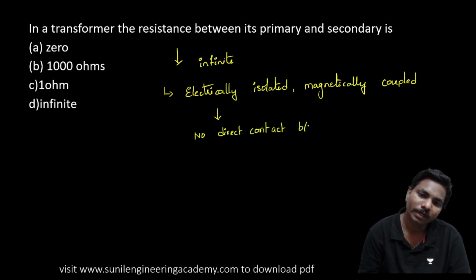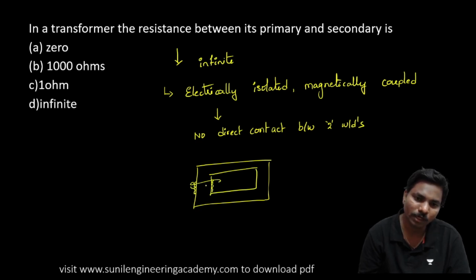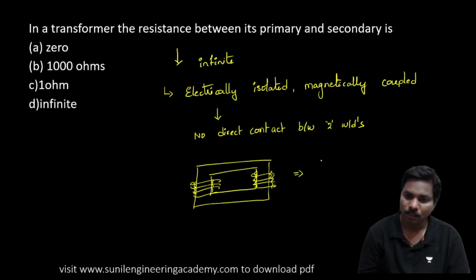For example, if this is the transformer core, here we have the insulation. Upon the insulation only we have the windings. This can also be represented in this manner: this is one winding, it is the other winding.